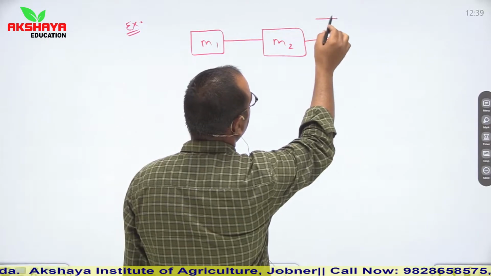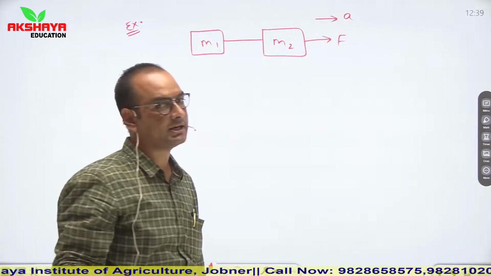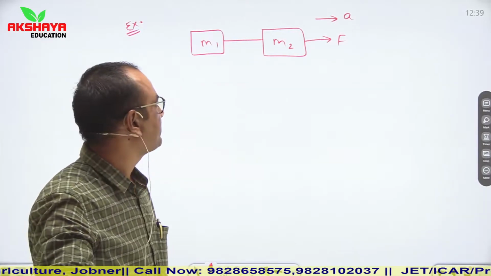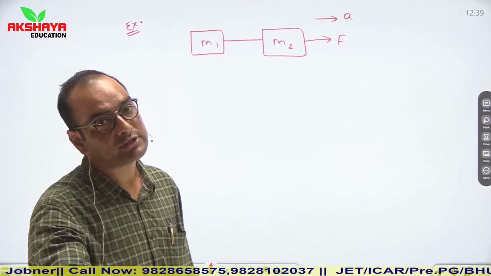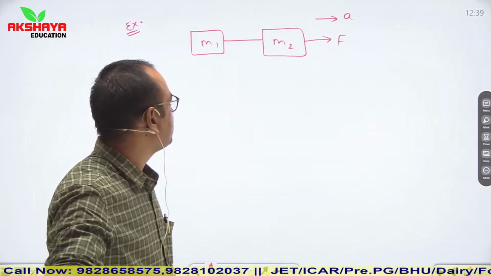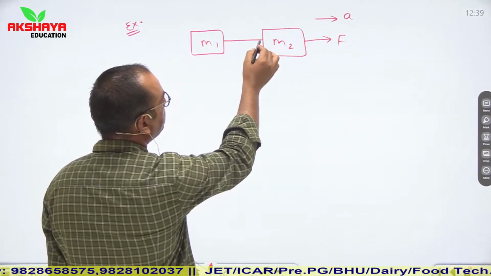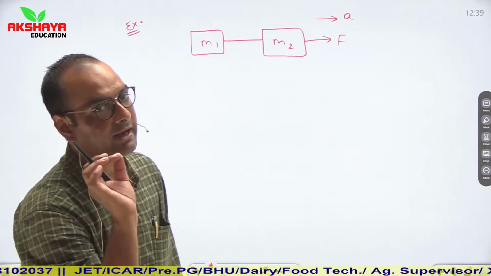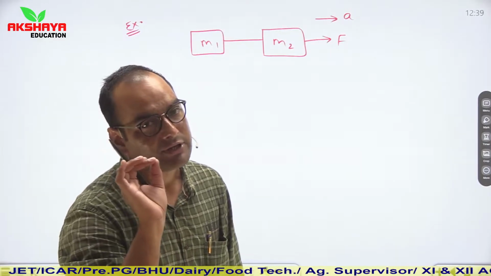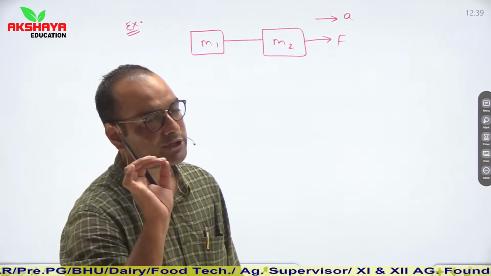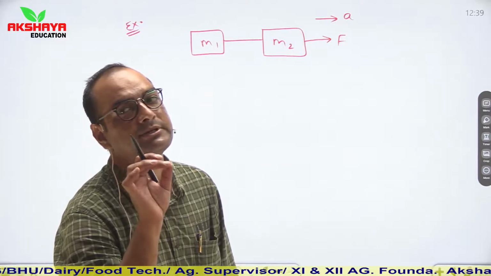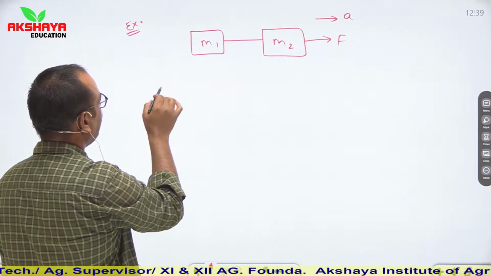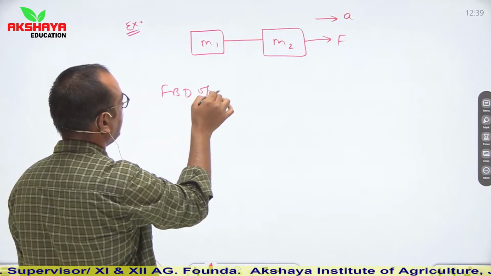So it causes a net acceleration a in the direction of the external force. We have to calculate the value of this force and the tension in the string. By drawing FBD, we are having multiple bodies. While drawing FBD, we consider individual bodies. On the individual body, whatever external forces act here, represent them with direction. So let us represent them. FBD of m2.